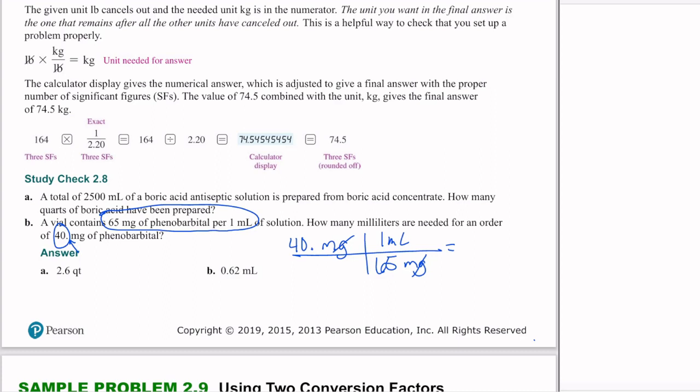If we put this number into the calculator, our calculator displays 0.61538 milliliters. We need to round this to two significant figures because the 40 and the 65 are limited to two significant figures, and both of those are measured values. Our second significant figure is a 1. If we look to the right of it, it's 5 or more, and so we'll round our final answer to 0.62 milliliters.